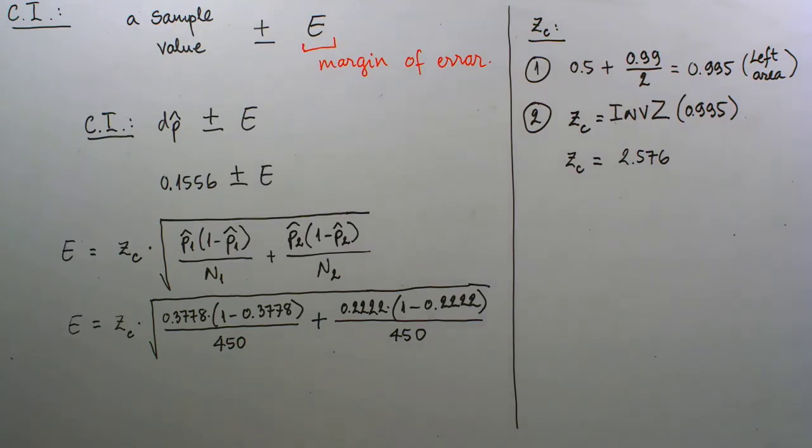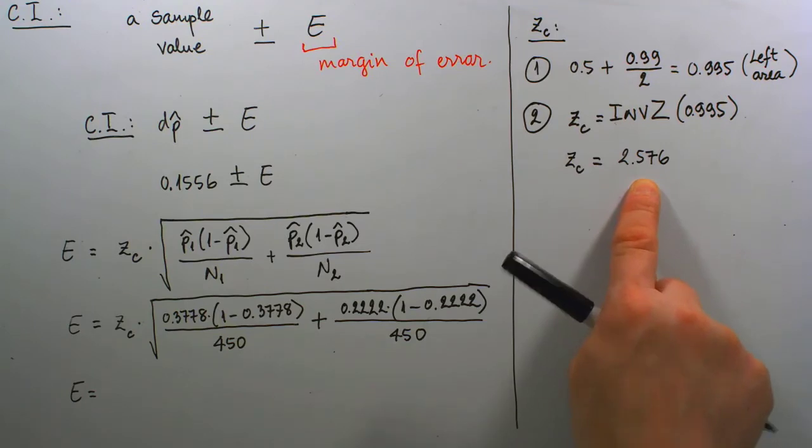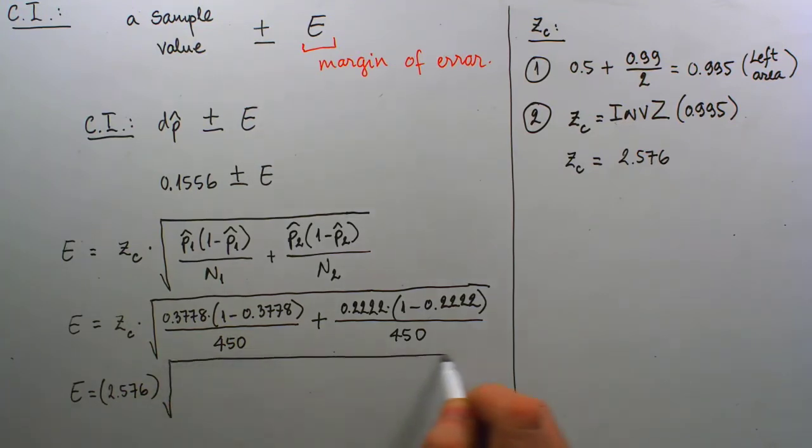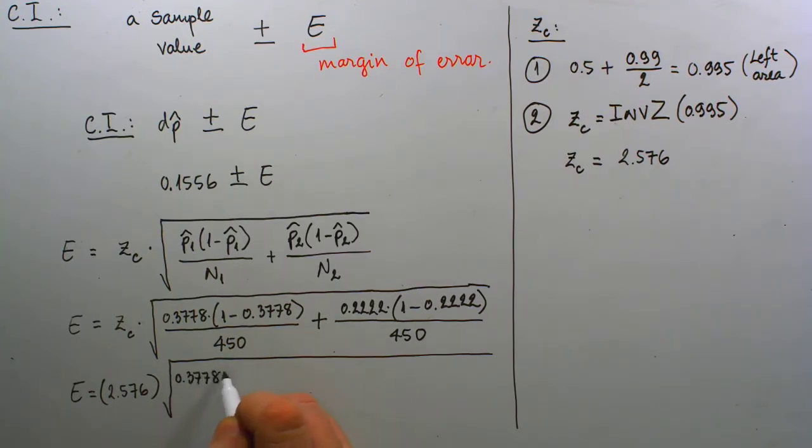And so now we really are ready for our final calculation of the margin of error. Z sub C can now be substituted by 2.576. That Z sub C value must be multiplied with the lengthy expression inside the root. So 0.3778 in product with 1 minus 0.3778.